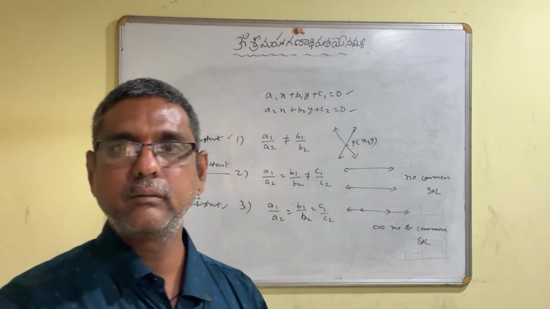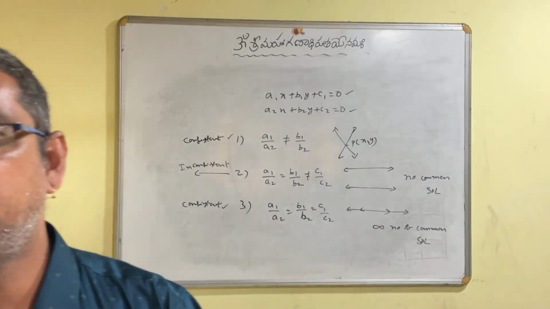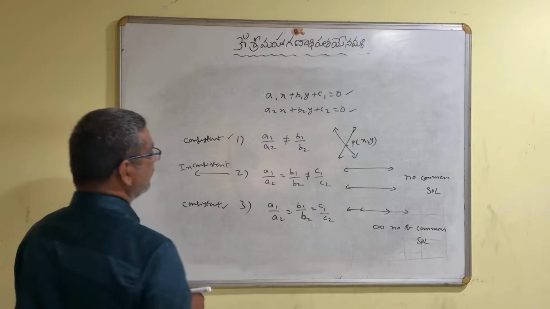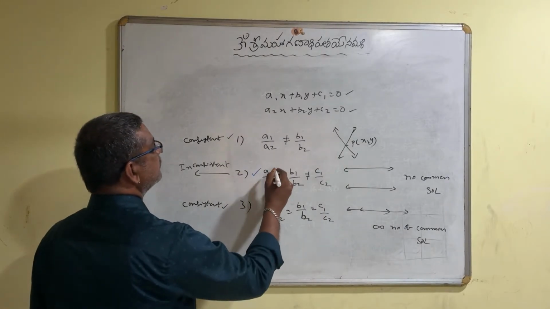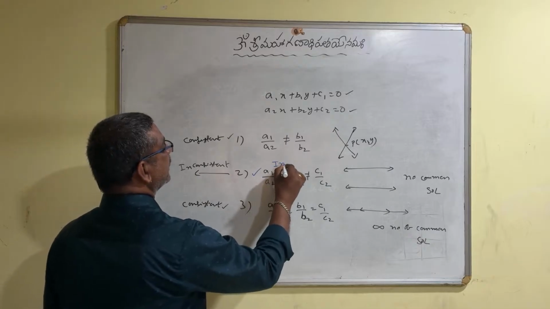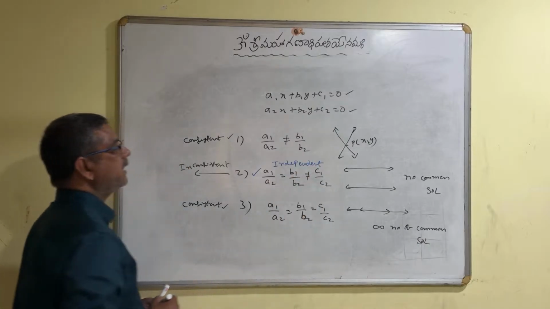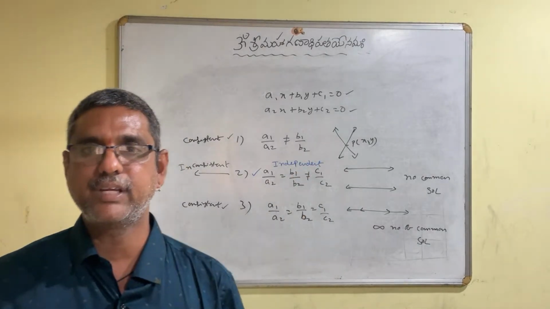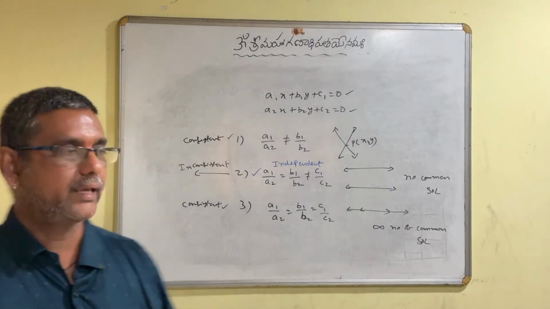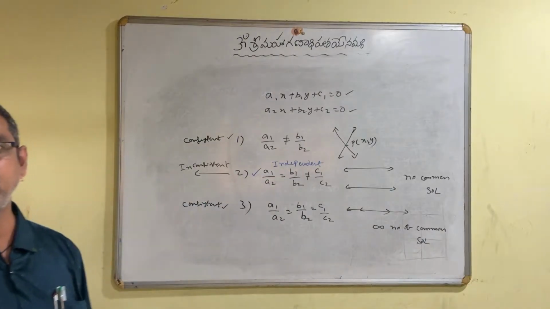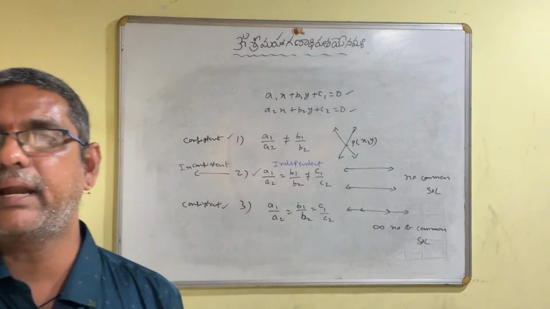Now, if any pair of equations satisfies this condition, we can say that they are an independent pair of equations, inconsistent and independent. They are not dependent on each other.